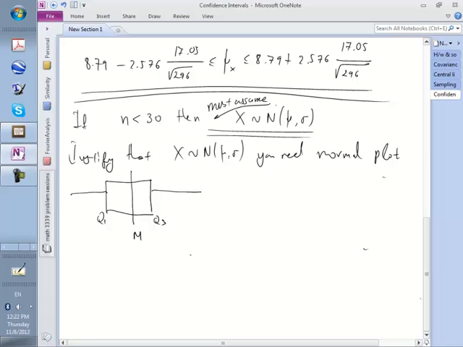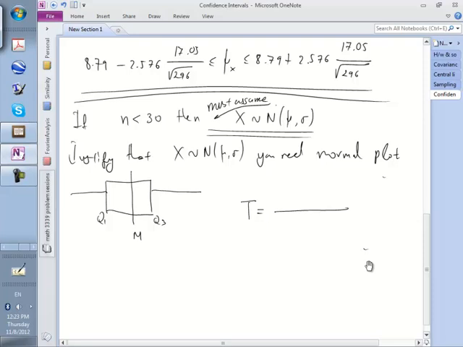So you want the median to stay roughly somewhere in between here. Then you can assume that the data are approximately normally distributed, and then you can proceed to use the so-called low sample size approach for the estimation of the mean, and then instead of the Z, you use the so-called T distribution, and that is done in such a way that you are allowed to use the mean.